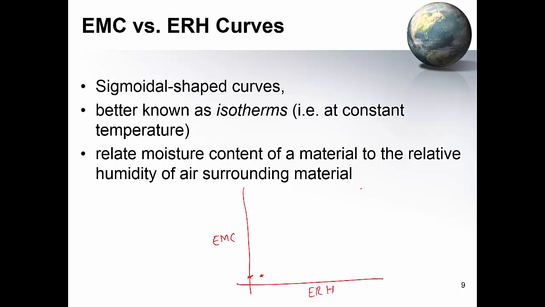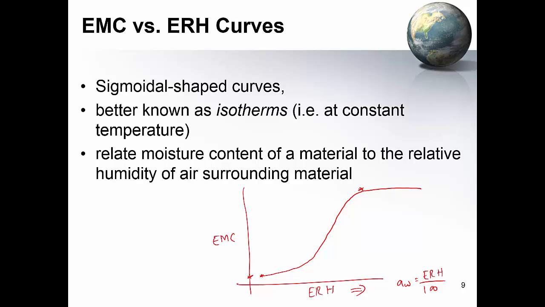And if I store it at a really high humidity, the product is going to absorb moisture and have a higher moisture content. And there exists a relationship, and it's typically sigmoidal. And the water activity is the equilibrium relative humidity divided by 100.